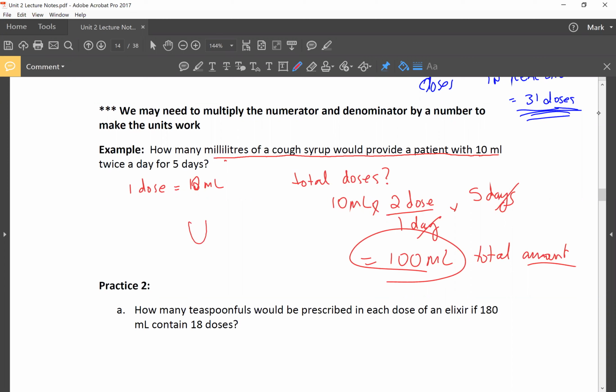So this is kind of like a unit conversion question, where we don't really need to worry about ratios here. We can just figure out how many milliliters we need if we take 20 milliliters a day for 5 days.